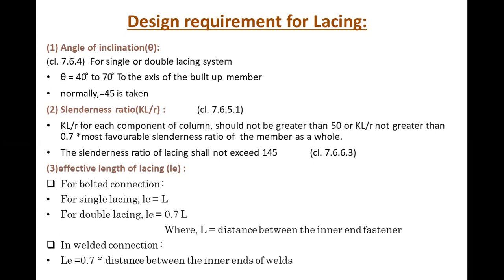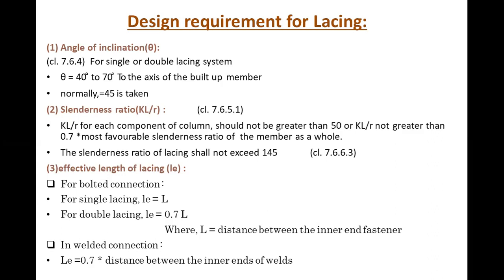First one is the angle of inclination, denoted by theta, given in clause 7.6.4, for single or double lacing systems. Theta is 40 degrees to 70 degrees to the axis of the built-up member, normally taken as 45 degrees, right?